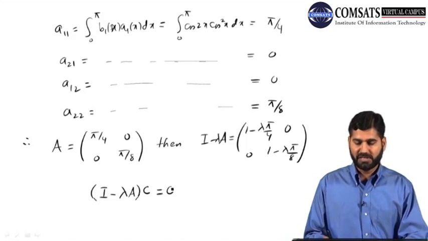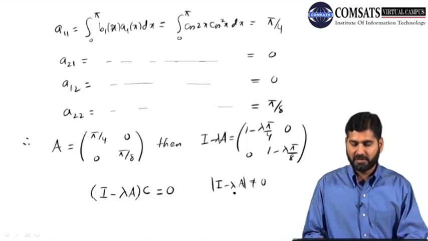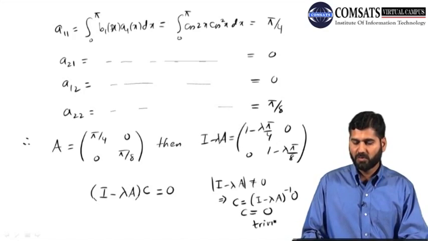To get a non-trivial solution, as said before, if the determinant of I minus lambda A is not equal to 0, then it's invertible. Invertible means then your C will be (I minus lambda A) inverse times 0. So this will give you a 0 solution. So 0 is a trivial solution. We are not looking for trivial solutions. We are looking for non-trivial solutions.